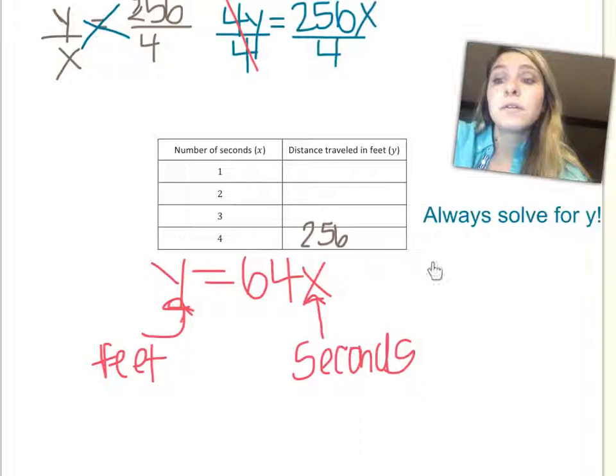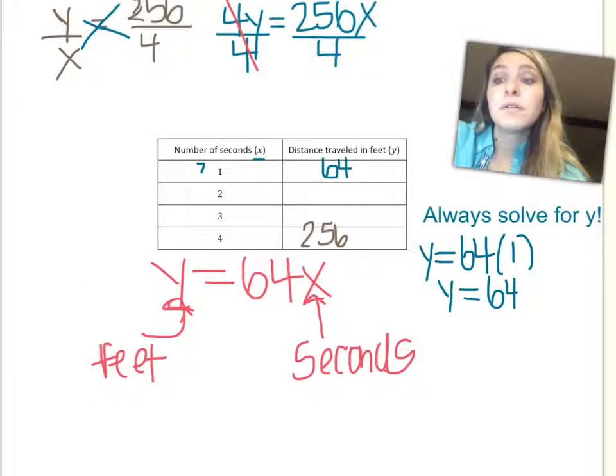So I'm going to have y equals 64 is my rate, so that never changes. In the time I'm plugging in, my x value is going to be 1. So y equals 64 times 1 gives me 64. So that means in 1 second, 64 feet are getting traveled.